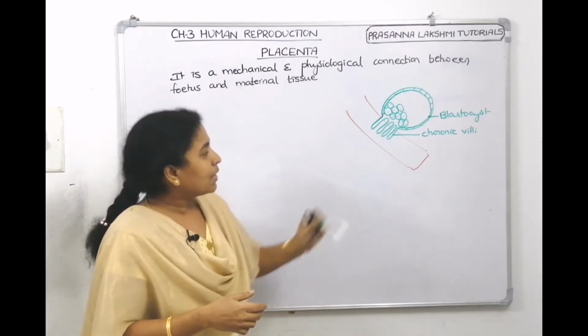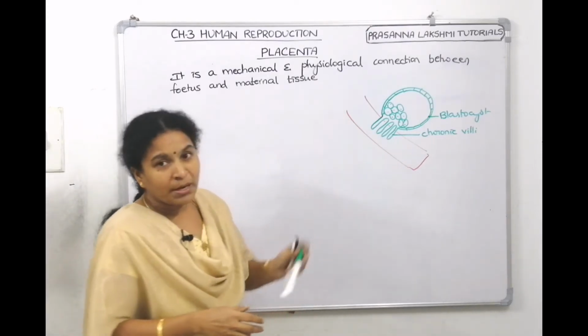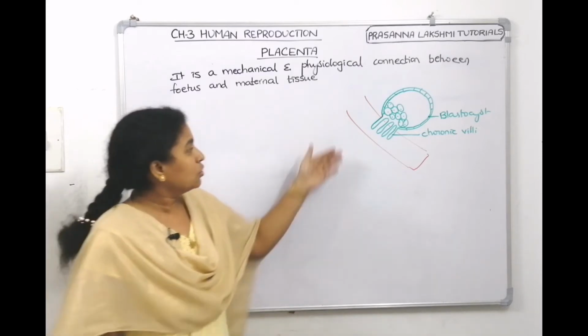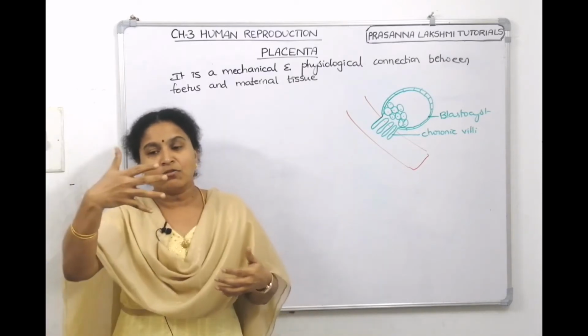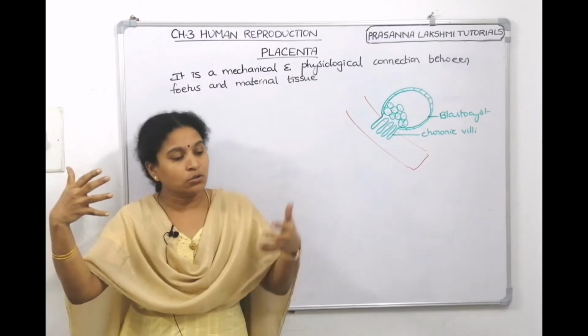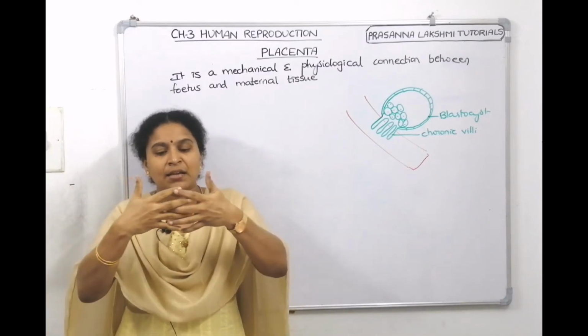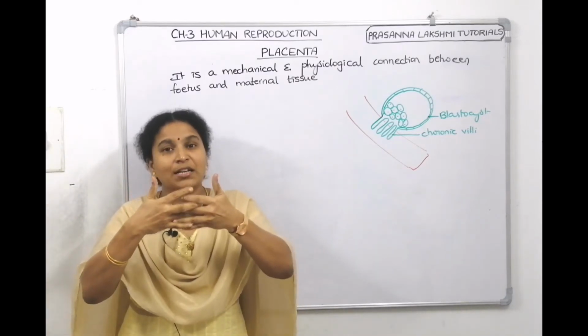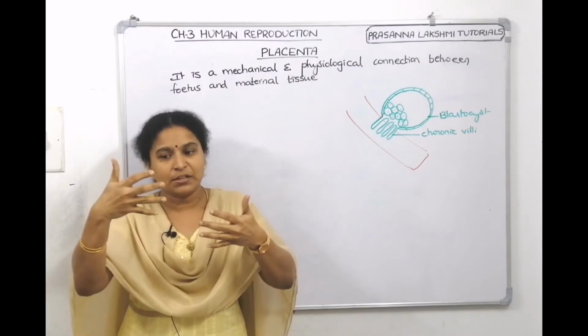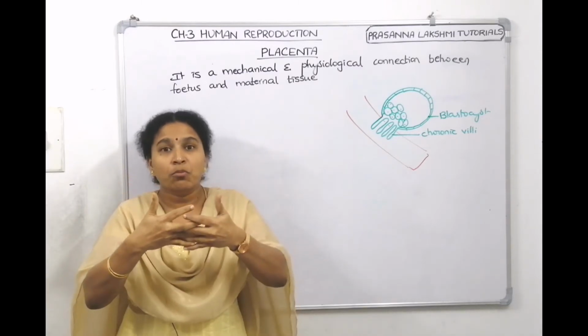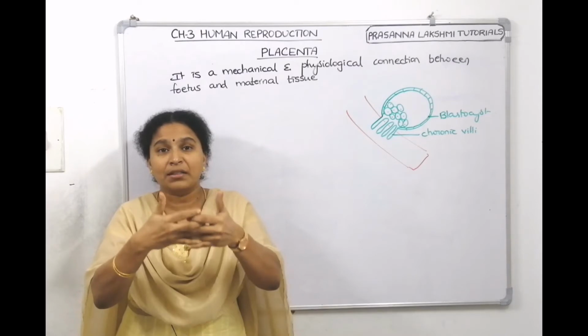When they are making chorionic villi, the endometrium also interdigitates into the chorionic villi, and this collective structure is called the placenta. Both fetal tissue and maternal tissue interdigitate to make the placenta.